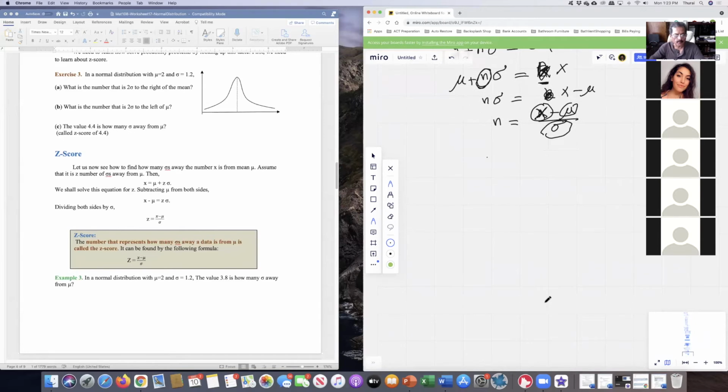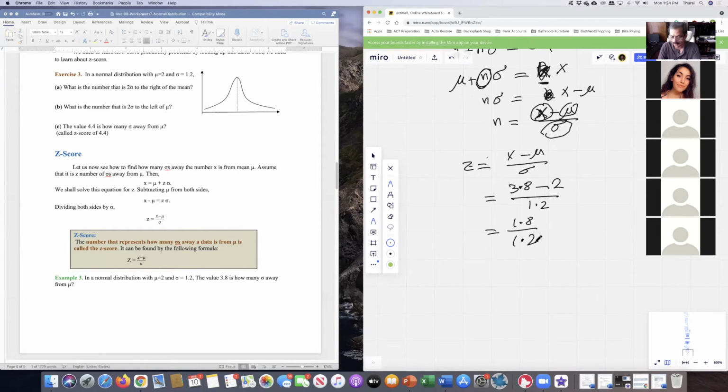The z-score equal to x minus mu over sigma, and in this case, x is 3.8. The data is 3.8, and we need to figure out how many sigmas away 3.8 is from the mean. So you subtract the mean, which is in this case 2, and divide by the sigma, which is 1.2. And so that's equal to 1.8 over 1.2.